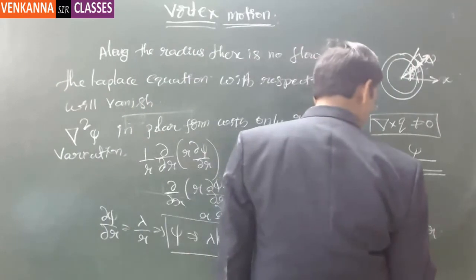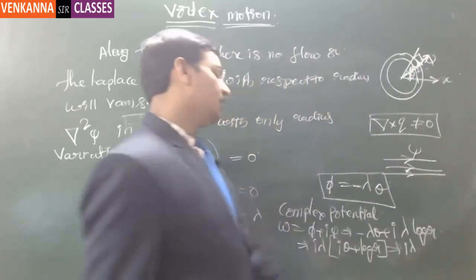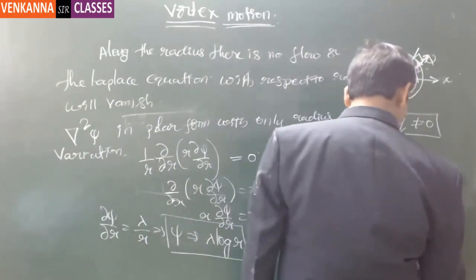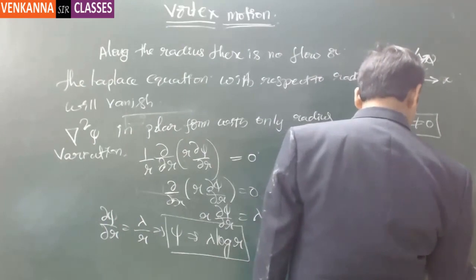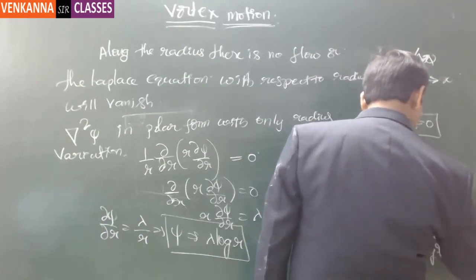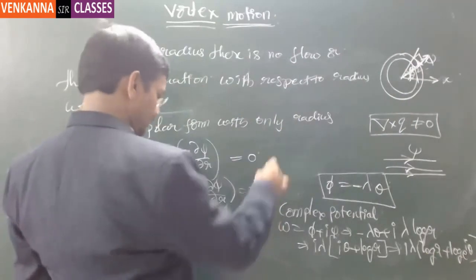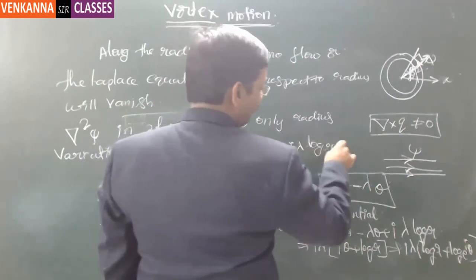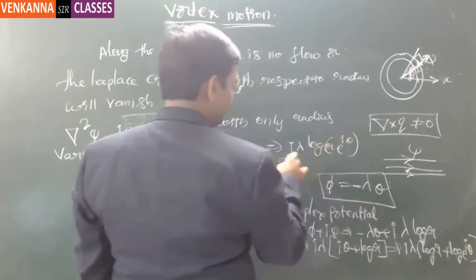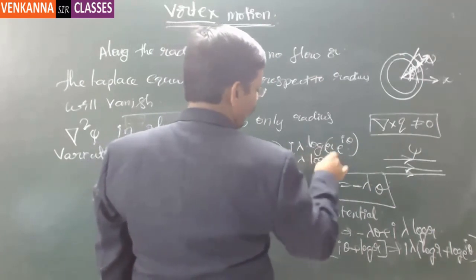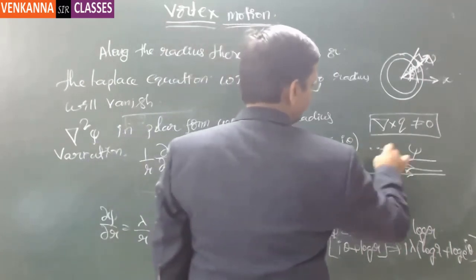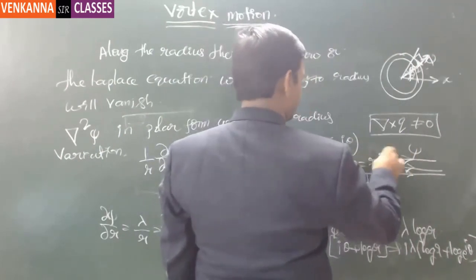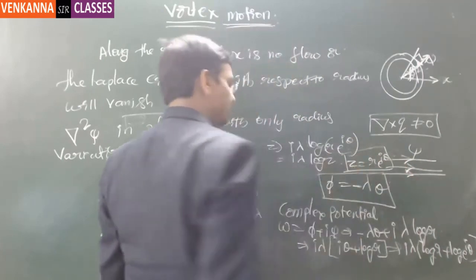This can be further written as i lambda times log of, so theta can be written as e power i theta, so this will be log r plus log e power i theta, or that can be written as i lambda times log of r e power i theta, and then i lambda times log z, since z is equal to r e power i theta. So this is the polar form representation of the complex number.